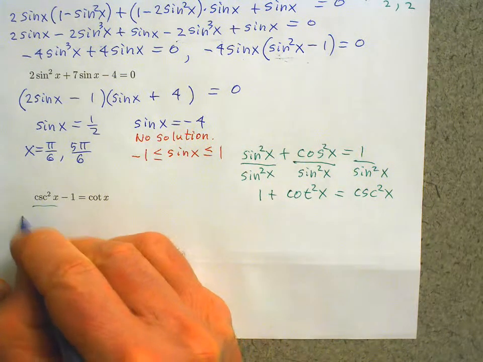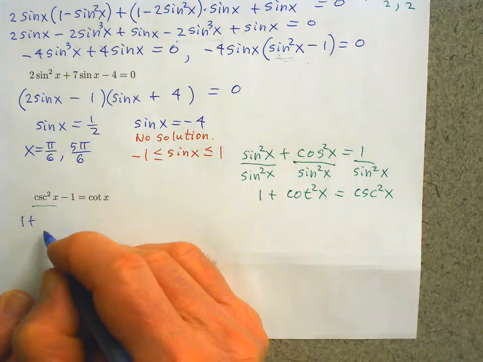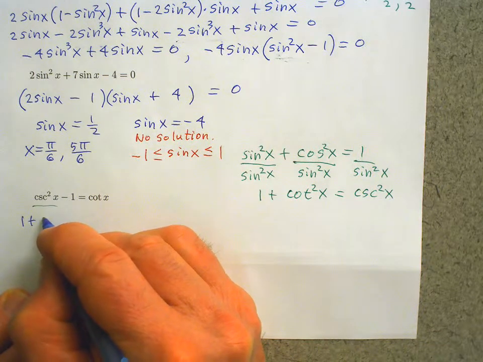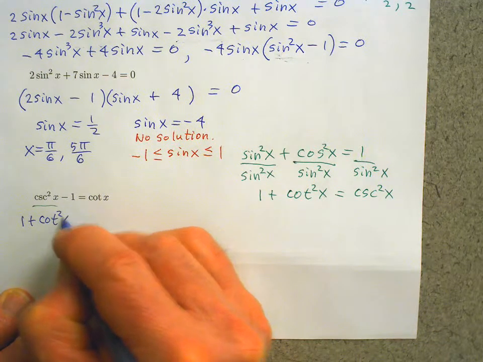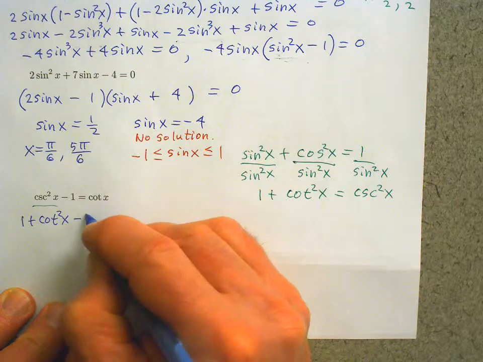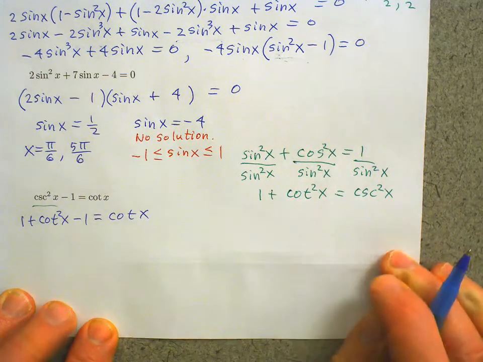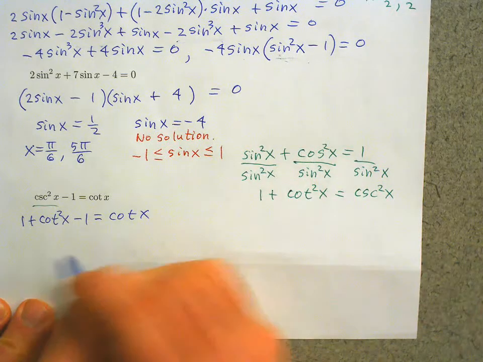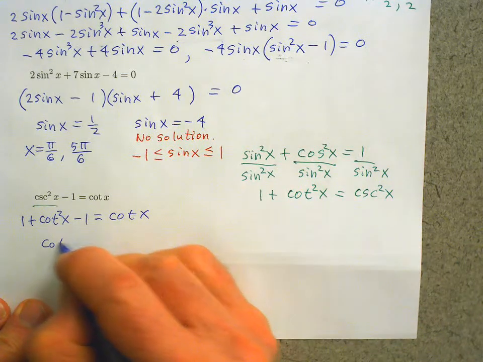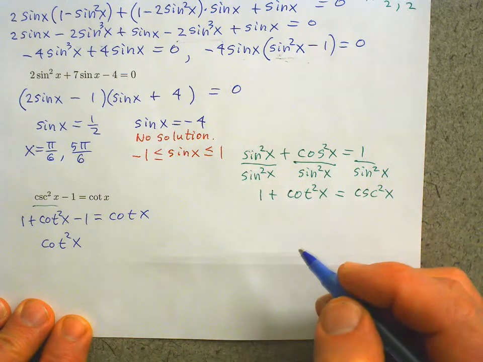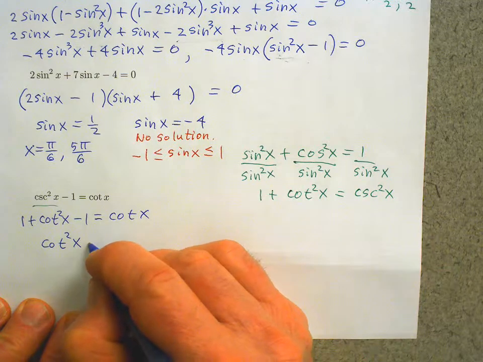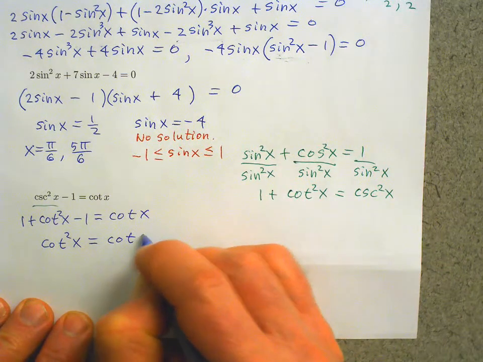So I get 1 plus cotangent of x squared minus 1 equals cotangent of x, or cotangent of x squared equals cotangent of x.